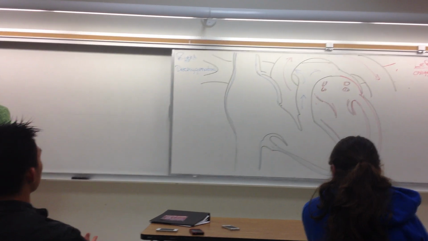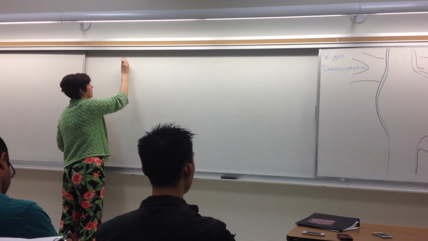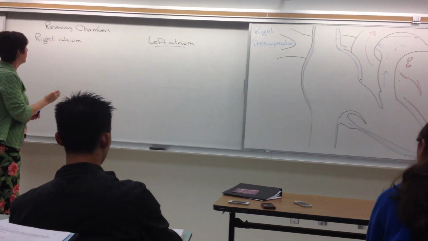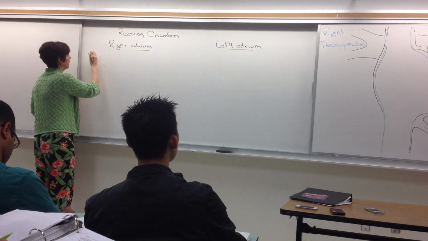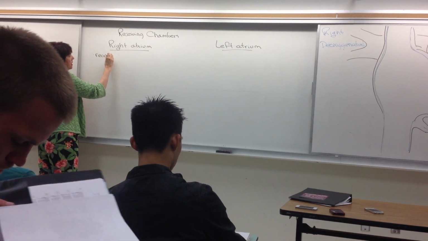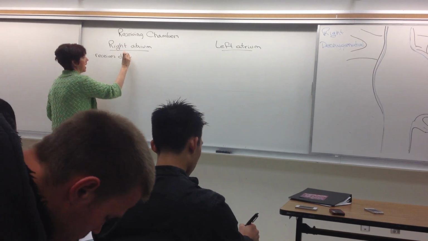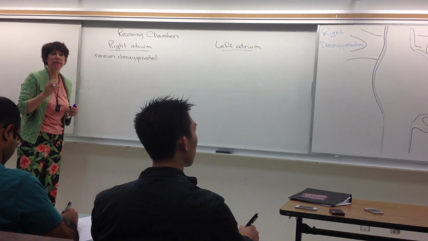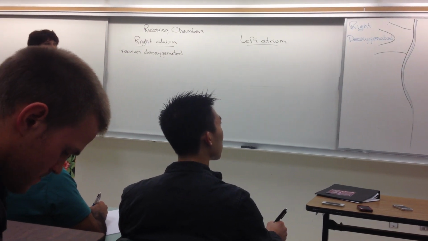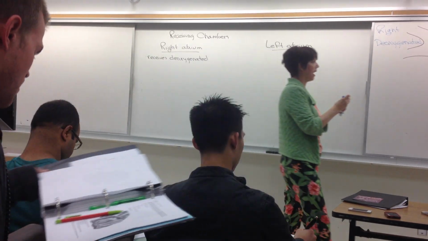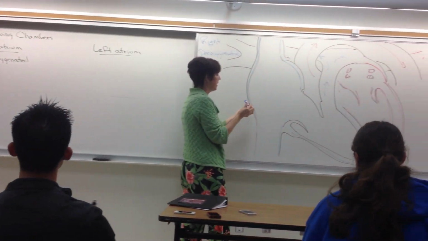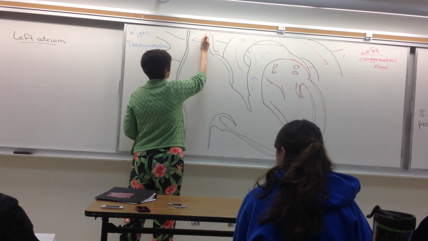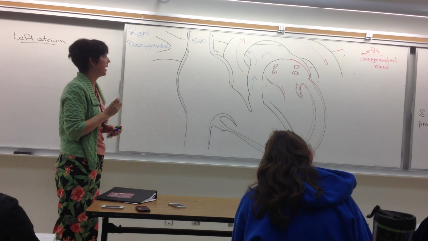The receiving chambers are the atria. The right atrium, we indicated on the diagram already, it receives deoxygenated blood, and it receives it via 3 vessels. Okay. So coming from the head, neck, and upper limbs, we have the superior vena cava.